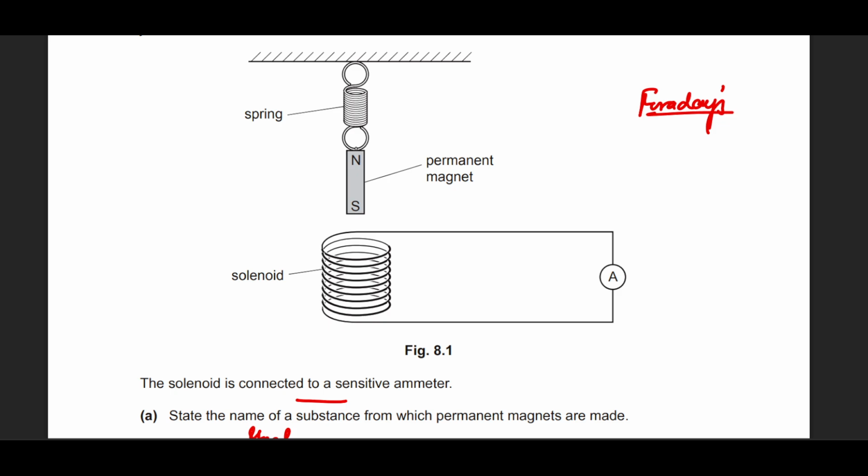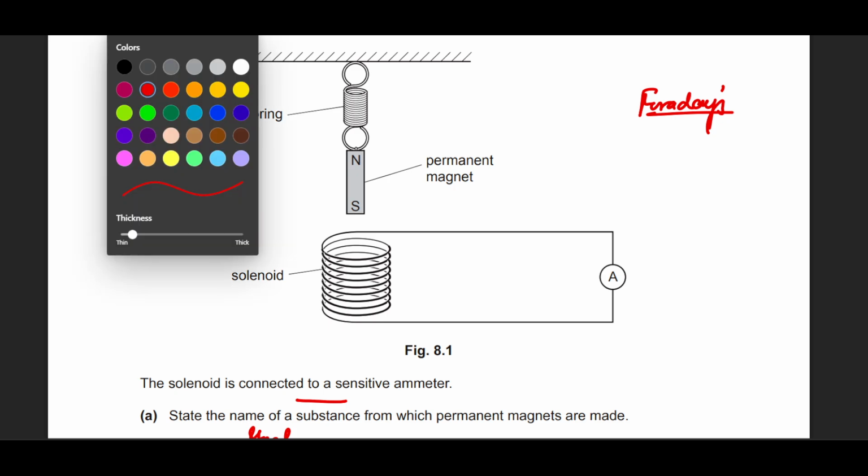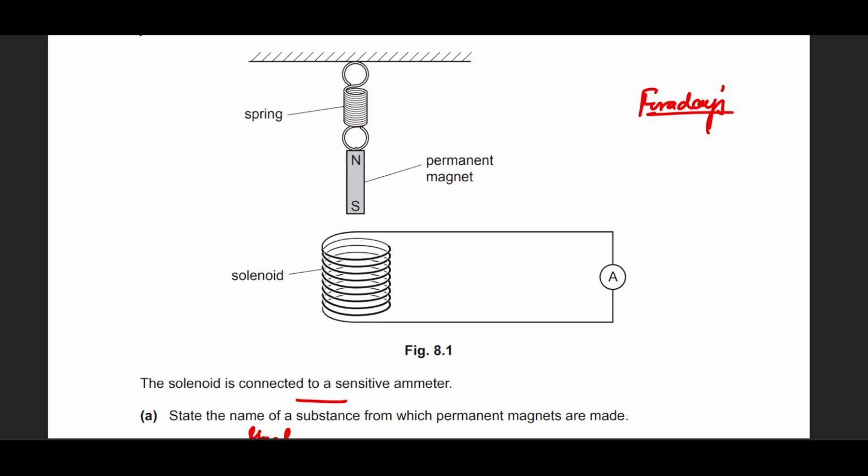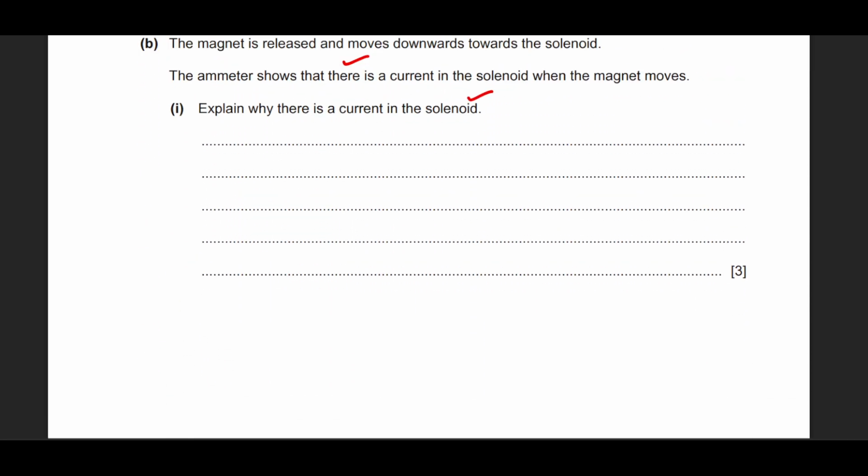So in Faraday's law, we understand that if you provide a changing magnetic field to any conducting coil, it will produce an induced EMF. If it produces an induced EMF and the circuit is complete, it will produce an induced current, and that current will be detected by the ammeter connected in series over here. So we just have to articulate all these points in paragraph form, right?